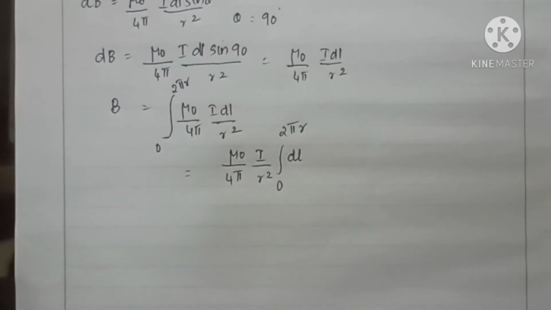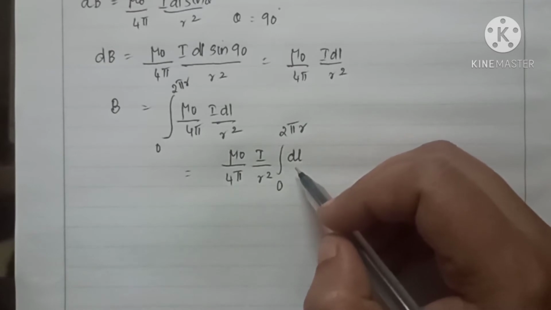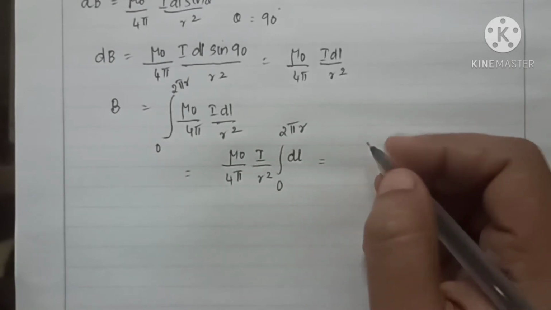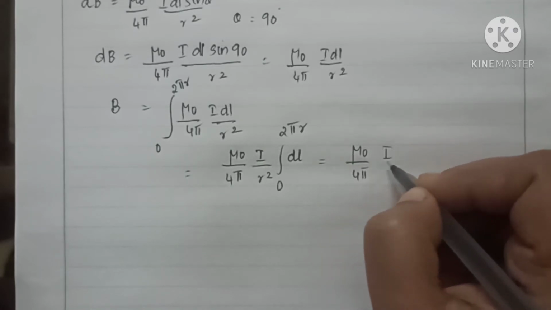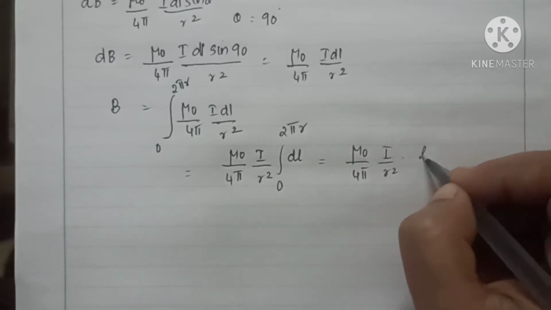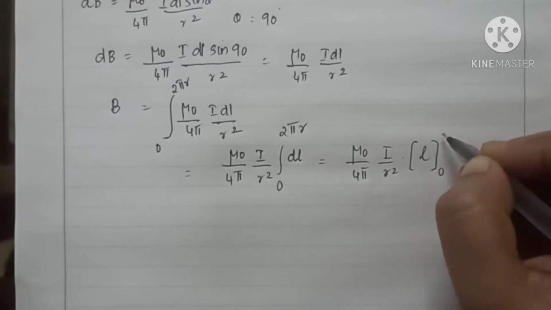Clear? Now for the integral of dl we will get L, and then we have to apply the limits. Mu 0 by 4 pi I by r square into L, from 0 to 2 pi r.